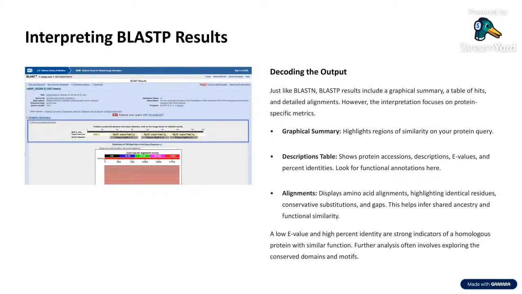Then query coverage. Query coverage shows how much of our sequence was matched. Query coverage tells us how much of our input sequence, like the query DNA or RNA sequence, was successfully aligned to a sequence in the database.